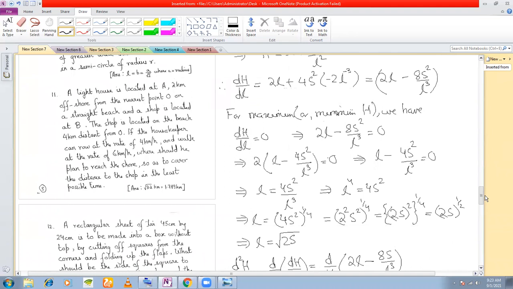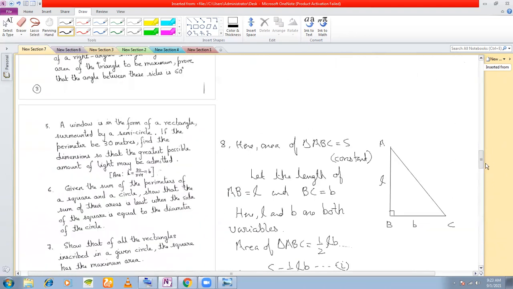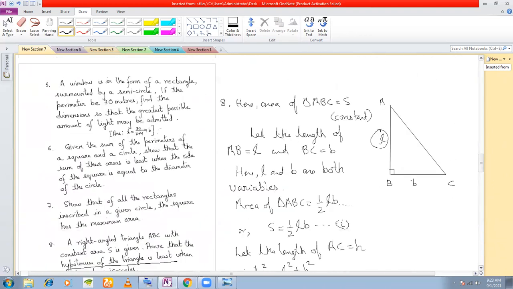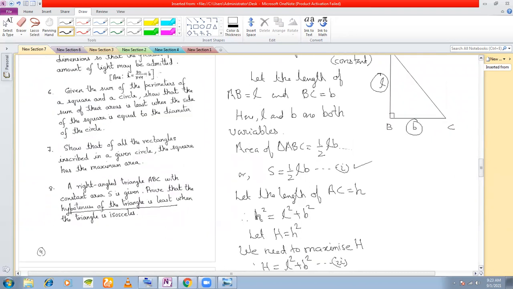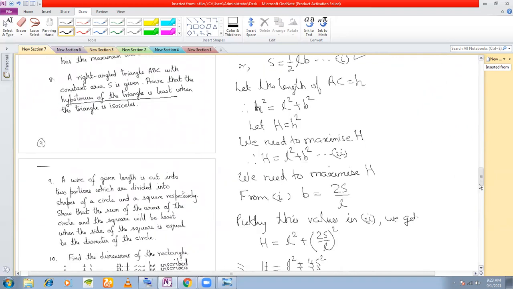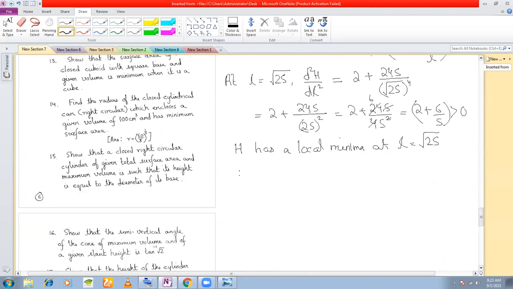When a triangle is isosceles, that means you have to show that in this triangle, this L and B are equal. So how can you show L and B are equal? We can show with the help of 1. So from 1, S is equal to half LB. Put the value.